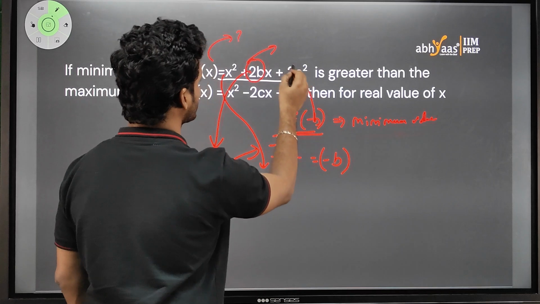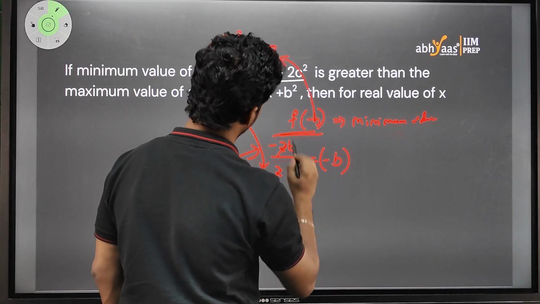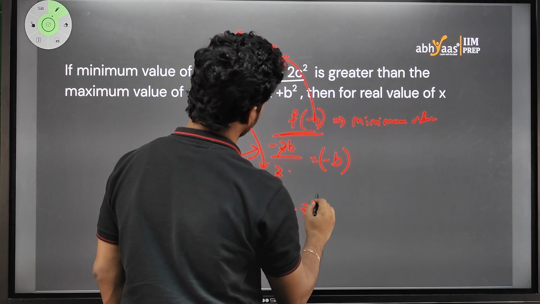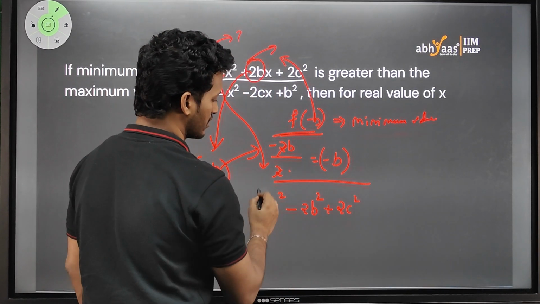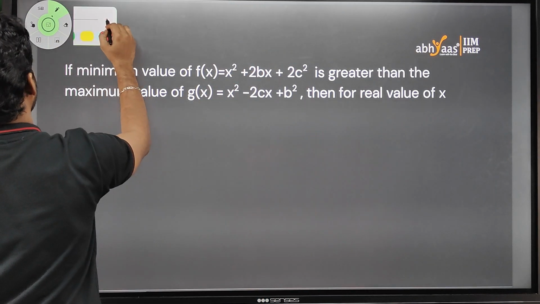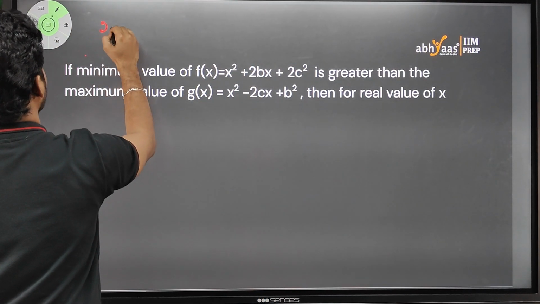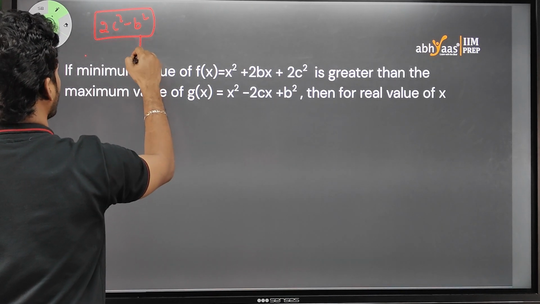Okay, let's substitute minus b here. It will give us b square minus 2b square plus 2c square. That means 2c square minus b square is the minimum value for this one.